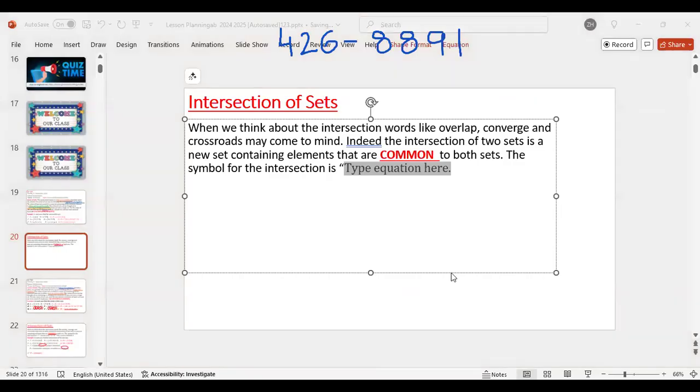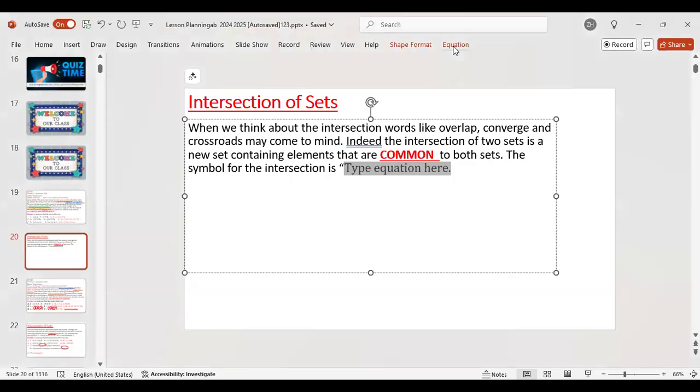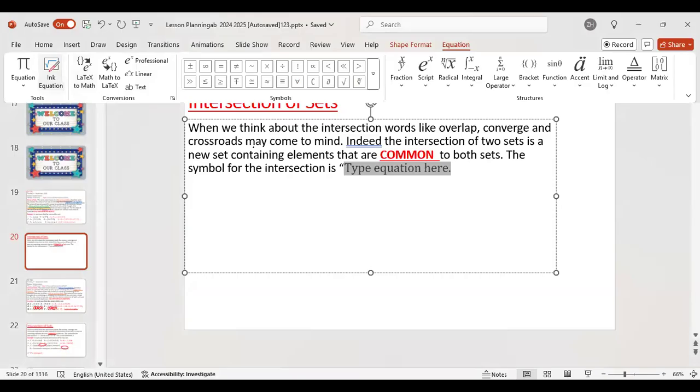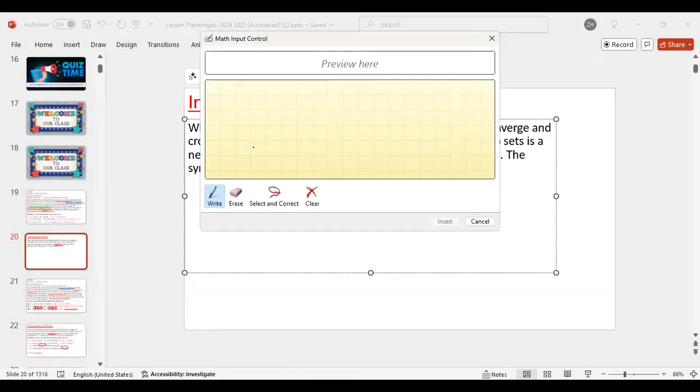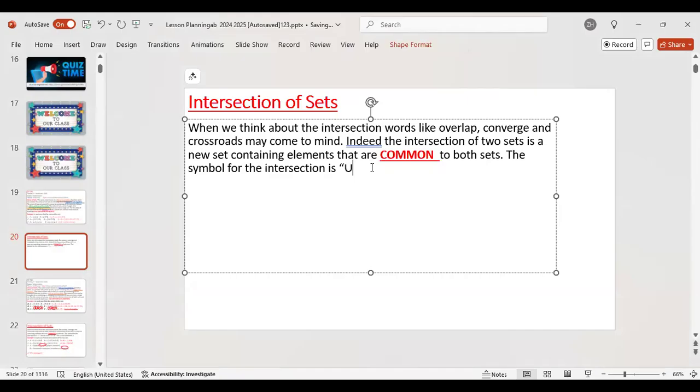It is an upside down U. So the intersection is going to be, let me clear our drawings. Oh, this is my number, by the way. 4268891 for those persons who need to send in the notes. Okay. So it's going to be upside down U.